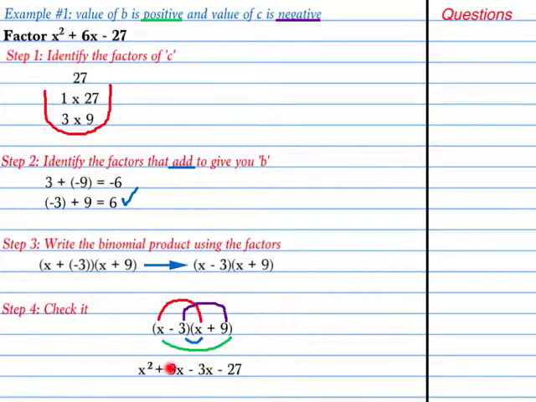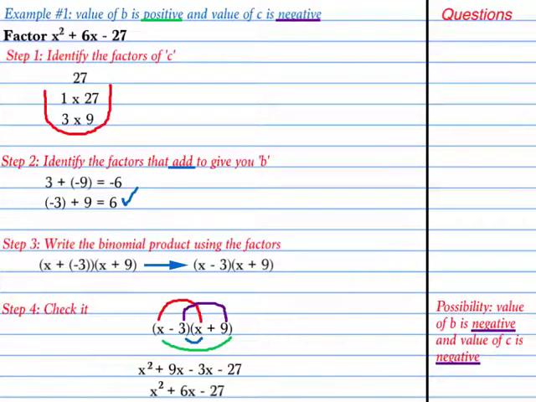Combine my like terms, 9 minus 3, and I get x squared plus 6x minus 27. Now, keep in mind, the other possibility is that the value of b might be negative when the value of c is negative. And that's when this scenario would work out better. So you always have to pay attention. If c is negative, b can either be positive or negative, depending on what number you go with. Take a moment, pause, copy before continuing on.